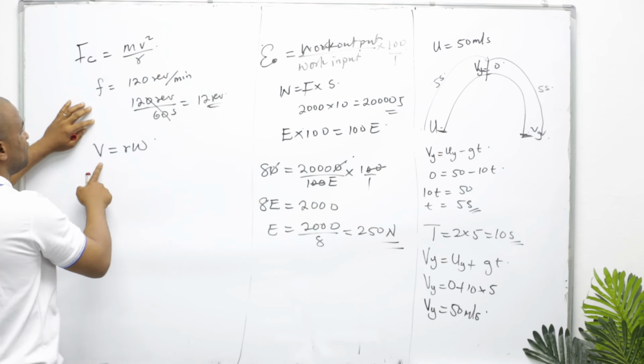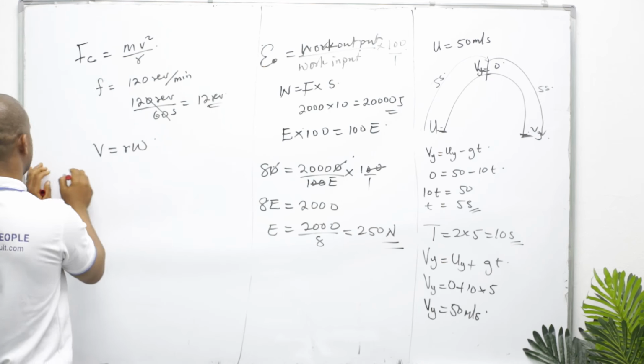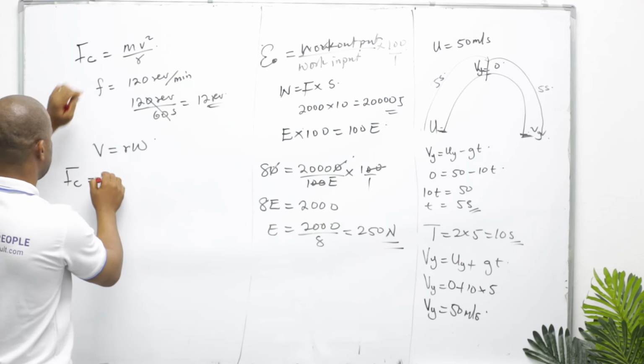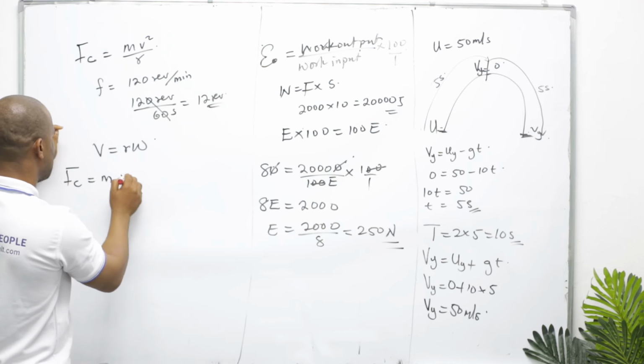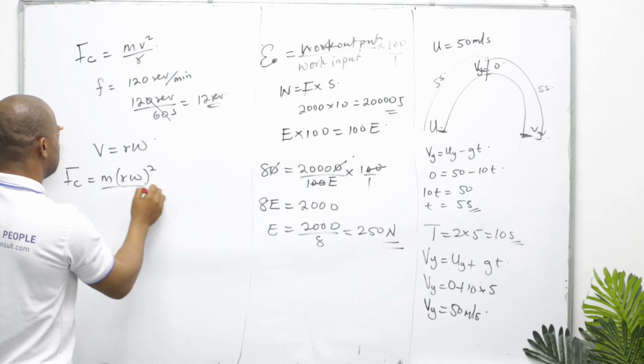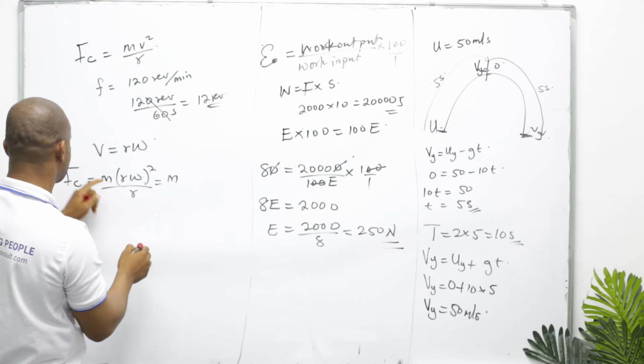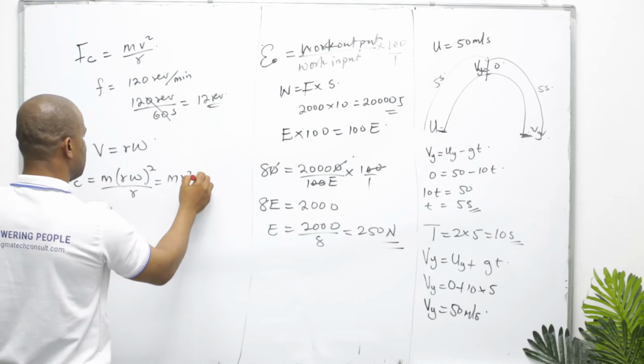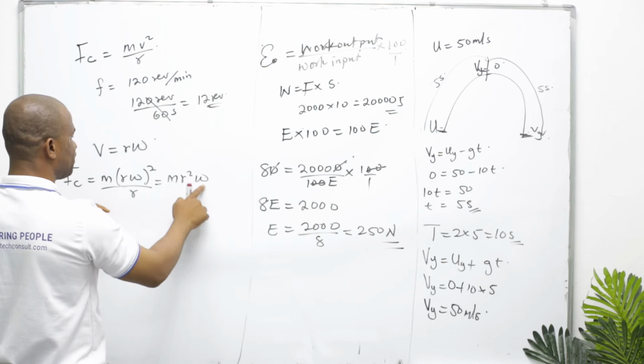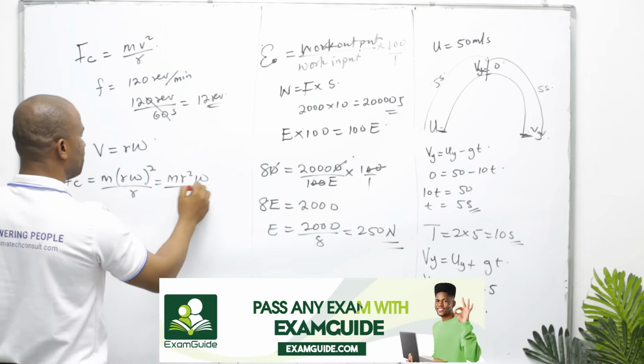So Fc is going to be m times v, which is r omega, all squared, divided by r. This is m omega squared multiplied by r squared, divided by r.